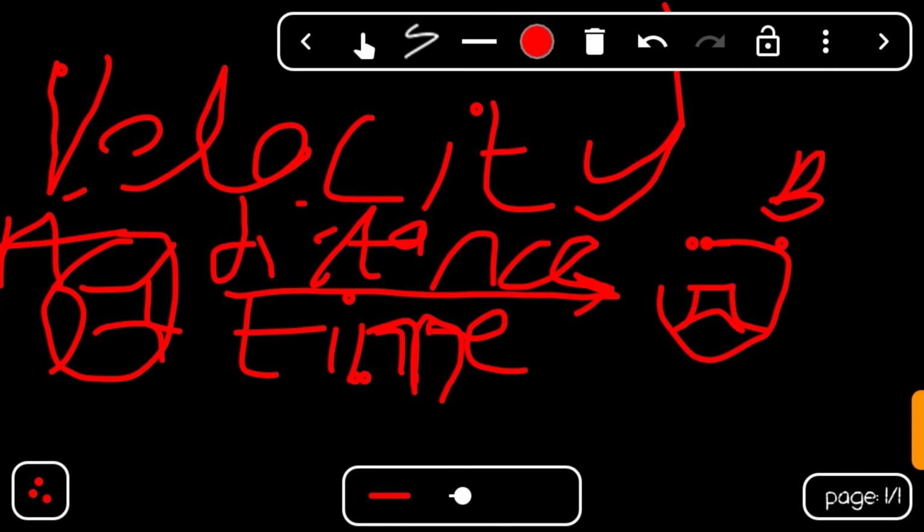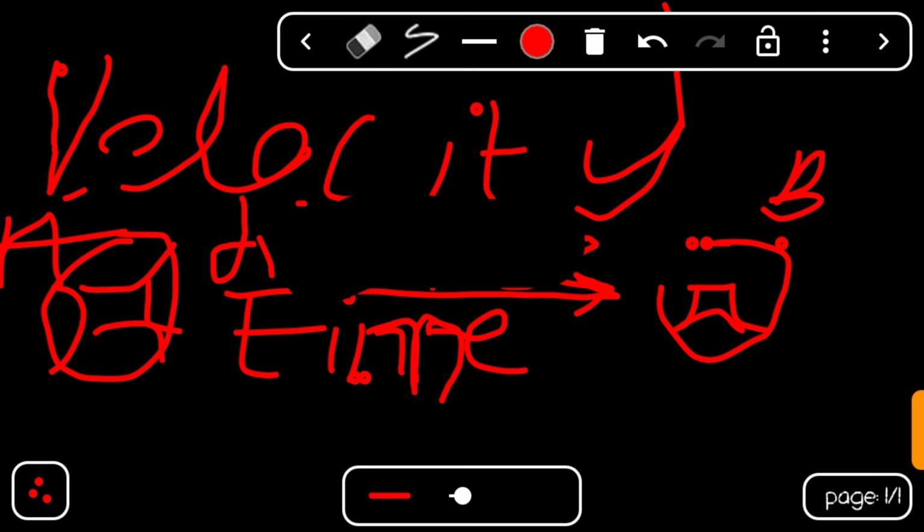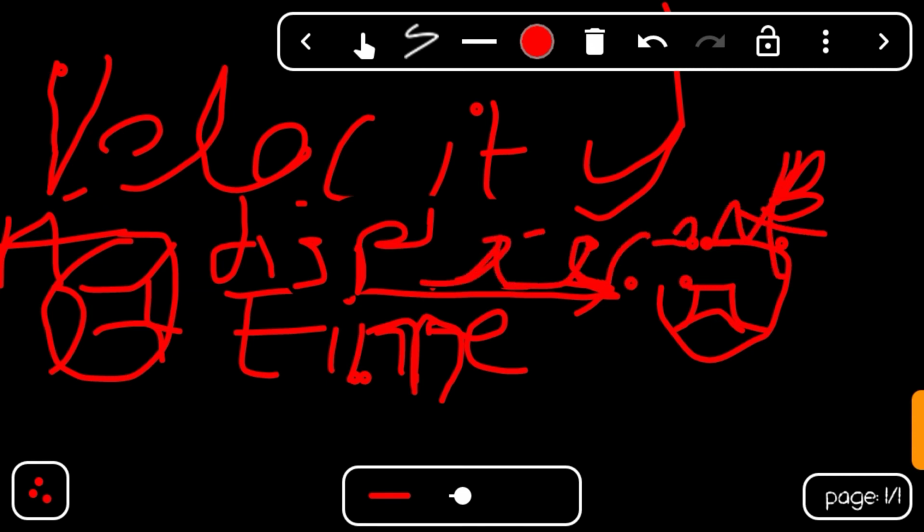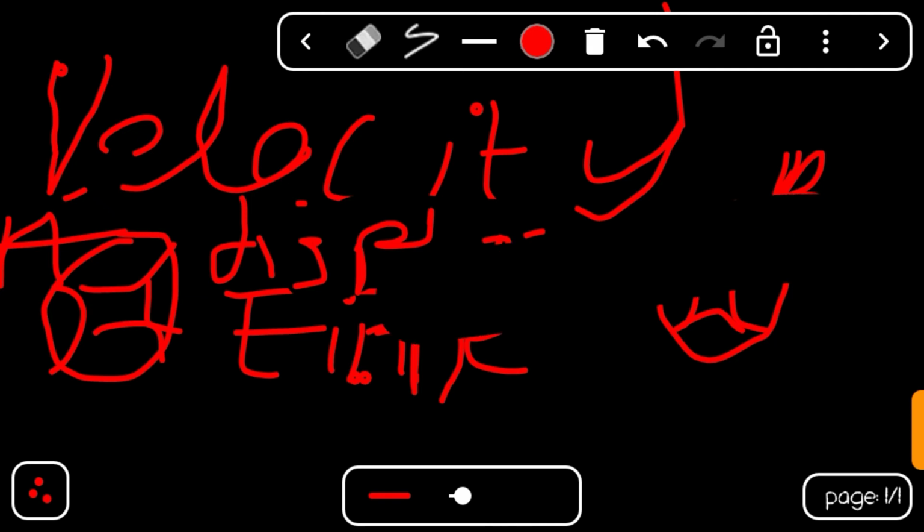So therefore, velocity can be said to be equal to distance over time. Or sorry, displacement over time. Let me correct this quickly. Displacement over time.